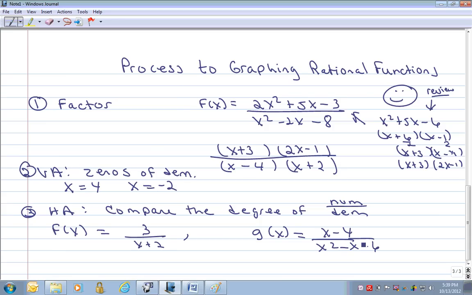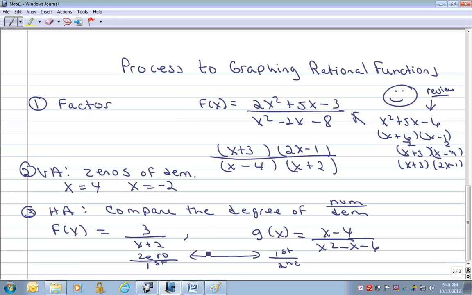Okay, we're comparing the degree of the numerator with the degree of the denominator. The degree in the numerator here is a 0 degree, so we have 0 over a first degree. Over here we have a first degree over a second degree. And we're just comparing the degrees. If I look at the numerator in both of these cases, it is less than the denominator. The degree of the numerator is less than the denominator.